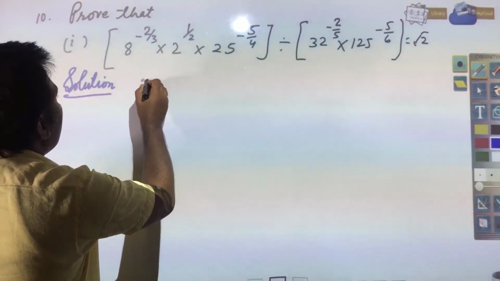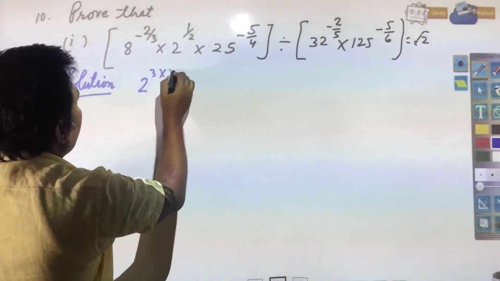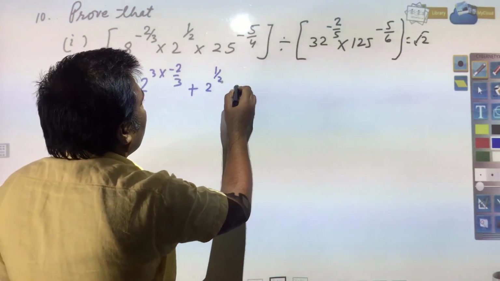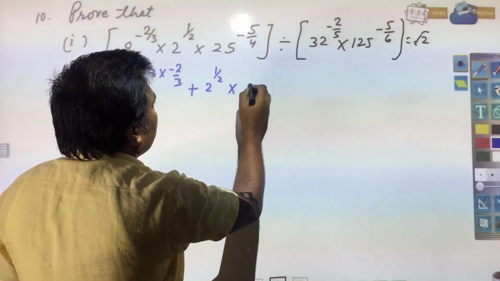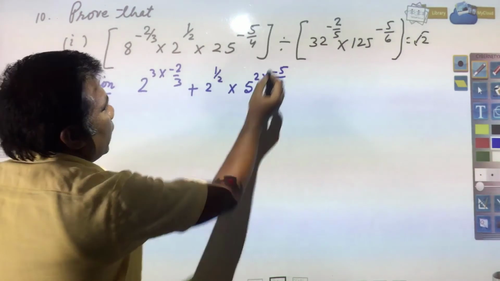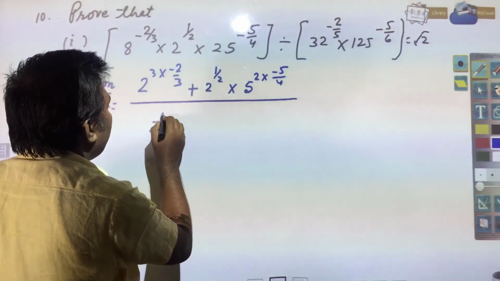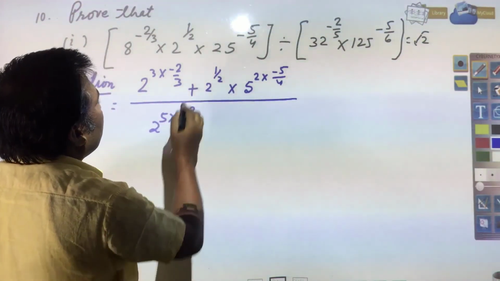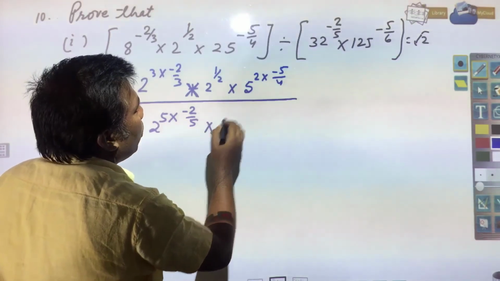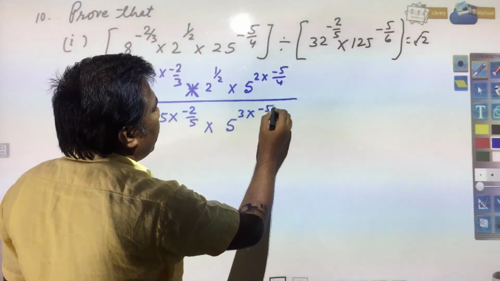Here, 8 can be written as 2 to the power 3 and into minus 2 by 3, plus 2 to the power 1 by 2 into 25 can be written as 5 to the power 2 into minus 5 by 4, divided by 32, this can be written as 2 to the power 5 into minus 2 by 5, this will be multiplication, and then into 125 can be written as 5 to the power 3 into minus 5 by 6.